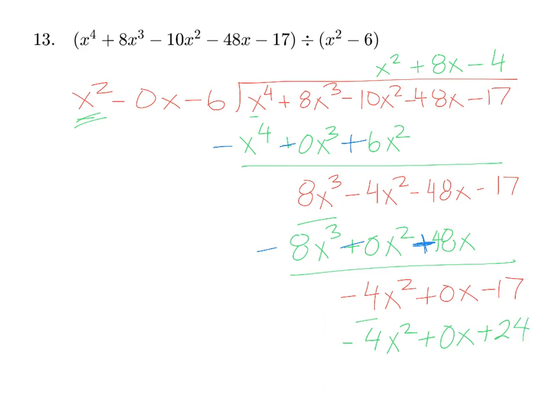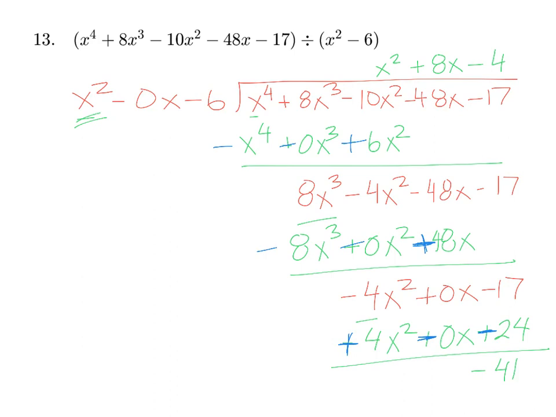Now I have to change the signs of everything. All right, so this is going to be plus, this is going to be minus, and this is going to be minus. All right, so now I end up with what? Negative 41.